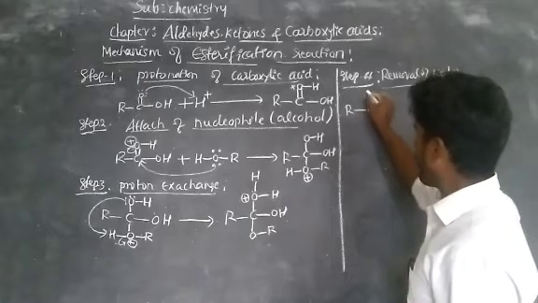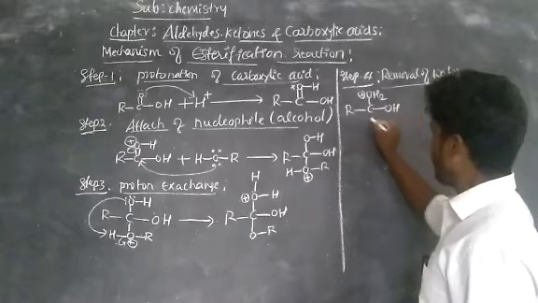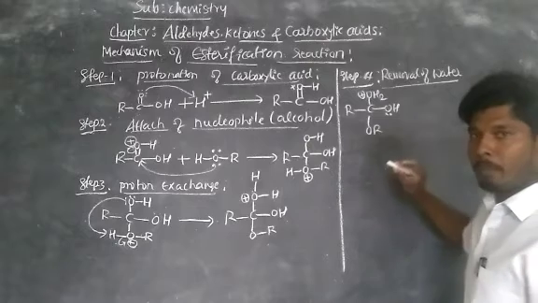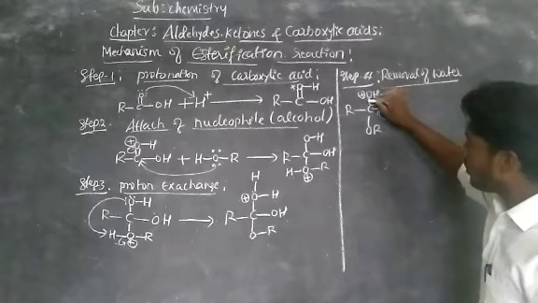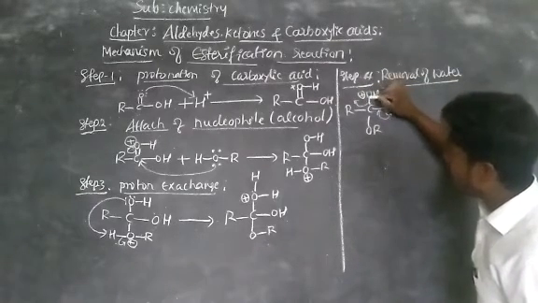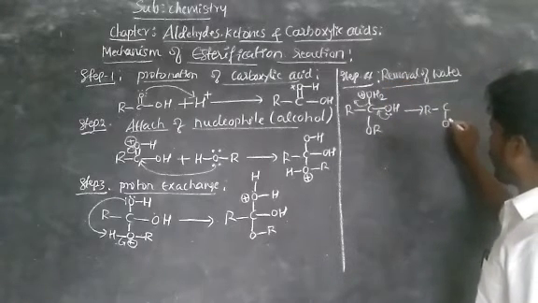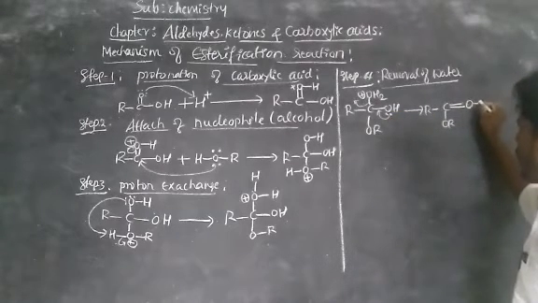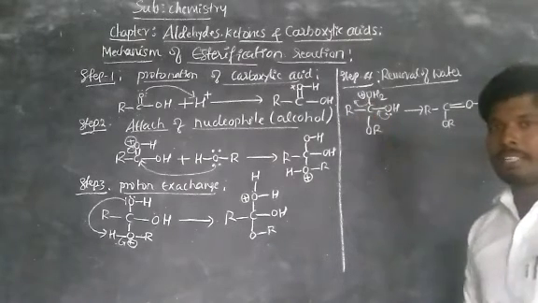R, C bond OH2 plus, bond OH, bond O and R. Now observe this oxygen again contains lone pair electrons, 2 pairs. These electrons pull towards this OH group side, between carbon and oxygen. Here the carbon and oxygen bond is cleaved in the 4th step. So what you get? R bond C bond O R. The electrons move towards the carbon side, means a double bond is formed, bond H plus, and water H2O is eliminated. That is step 4.